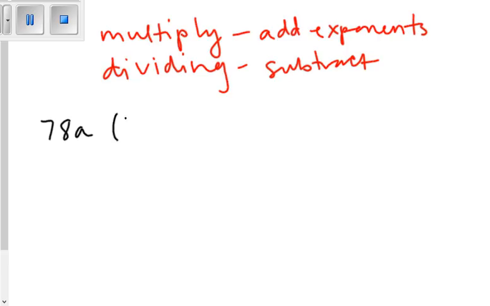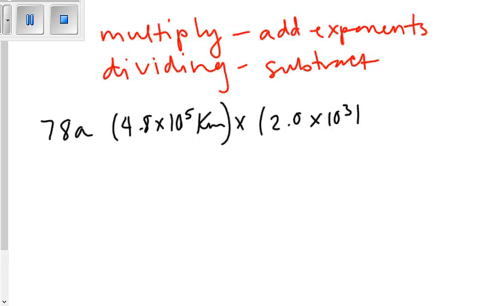So in 78a we have 4.8 times 10 to the 5th kilometers. And you're going to multiply that by 2.0 times 10 to the 3rd kilometers. So I don't care that these exponents are not the same. It doesn't matter when you multiply, okay?